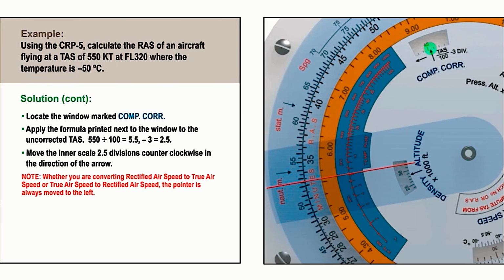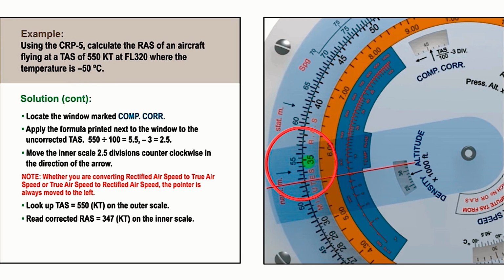It is important to note that whether you are converting rectified airspeed to true airspeed or true airspeed to rectified airspeed, the pointer is always moved to the left. Again, look up the true airspeed of 550 knots on the outer scale, and this time read off the corrected rectified airspeed of 347 knots on the inner scale.